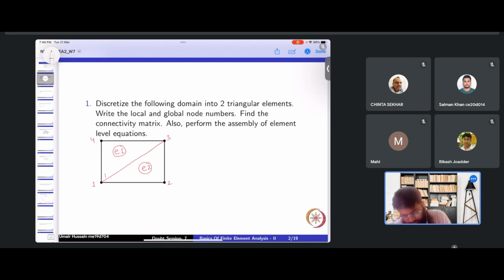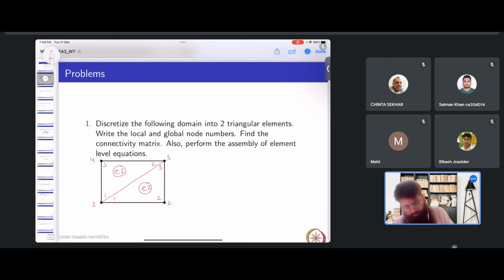This is one, two, three, and this is one, two, three. Okay. Now please someone tell me the connectivity matrix here. First of all, the size of the connectivity matrix and then the values.